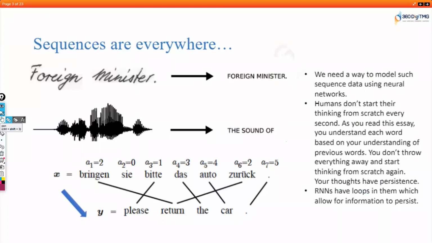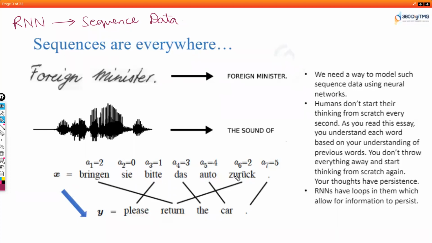Recurrent neural networks are used when you have sequence data. Sequence could be a sequence of words or a sequence of sounds, or if you want to convert data from one language to another, there are also sequences involved.